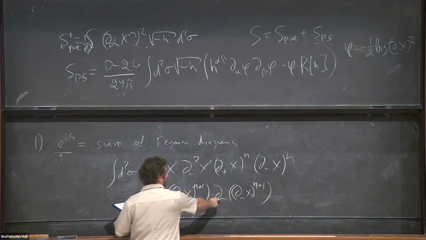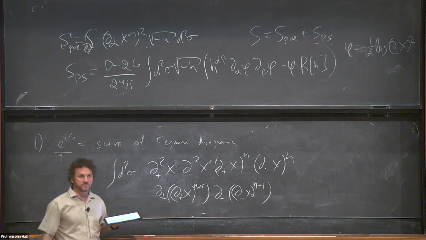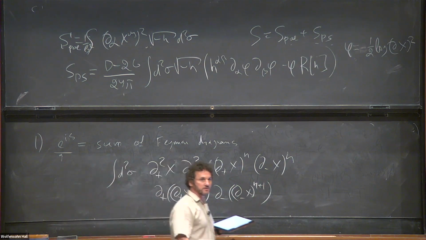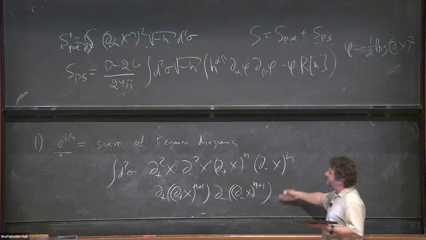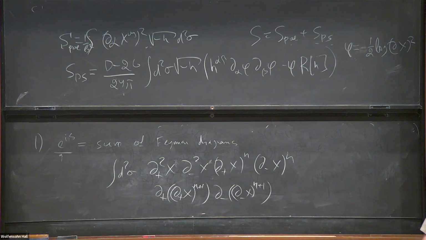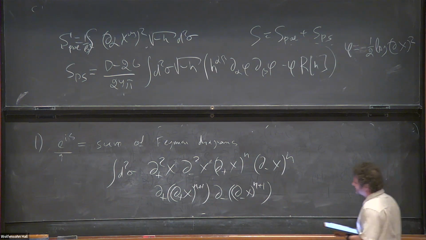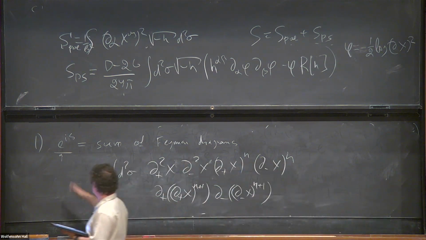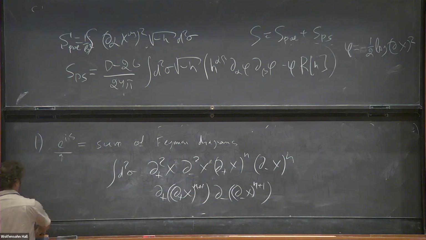And now I can integrate by parts, and it vanishes on shell. So this term vanishes on shell when one calculates the scattering around long strings. But in the full theory, it's definitely non-trivial. It cannot be removed by field redefinition. So if a theory like that exists, that's not the right language to describe it.